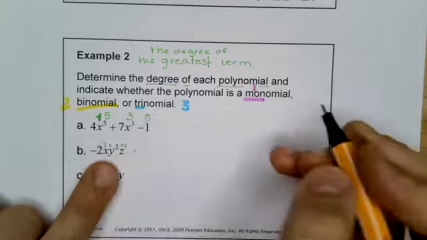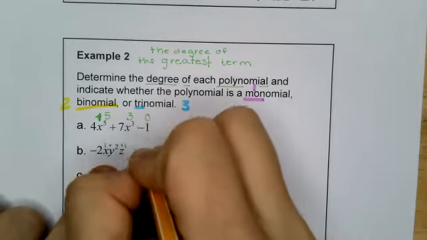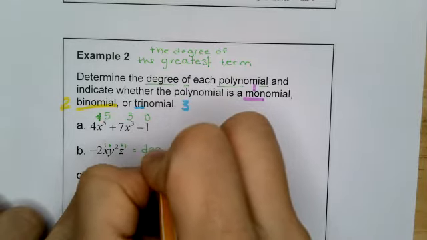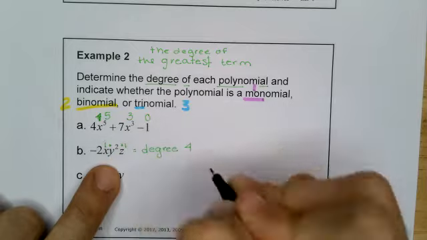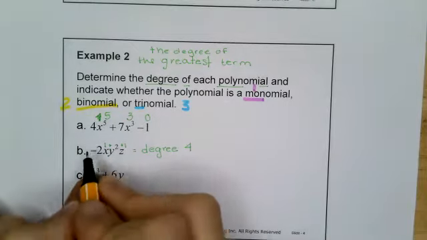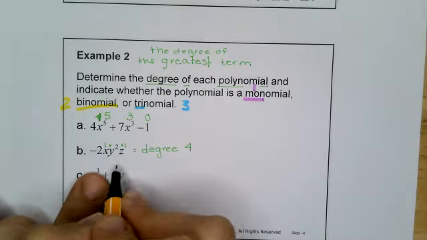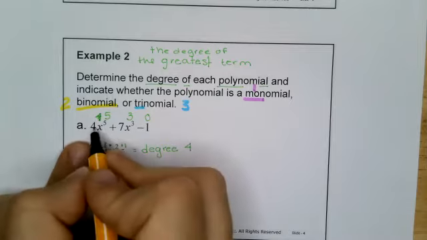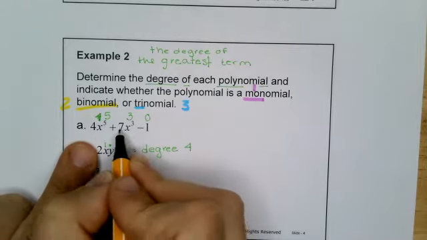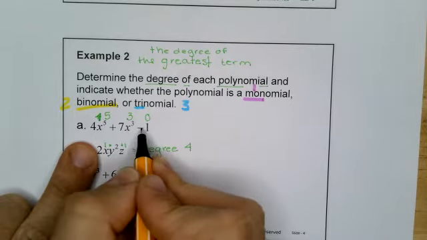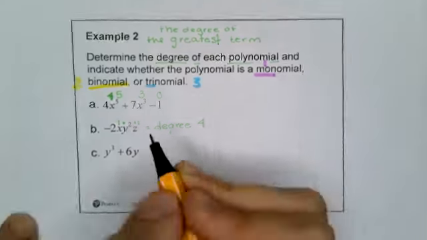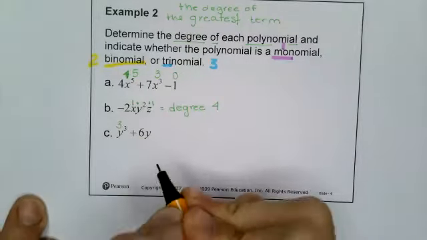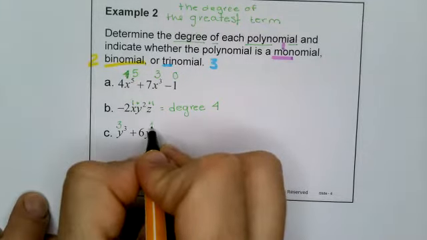So the degree of this term alone is a degree of 4. Just the negative 2xy squared z has a degree of 4. The 4x to the 5th has a degree of 5. The 7x to the 3rd has a degree of 3. The negative 1 has a degree of 0. y to the 3rd has a degree of 3. And 6y has a degree of 1.